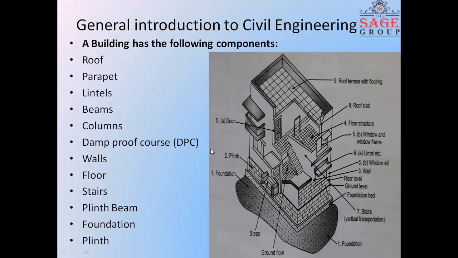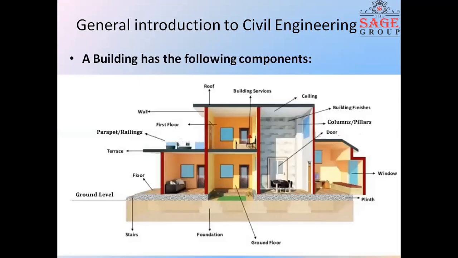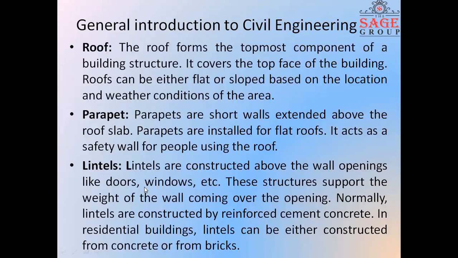These are the components of the building which we are going to study. Here is a general picture of a building so that all the components can be easily seen in the above picture and in the current picture. So you can find out all the components.